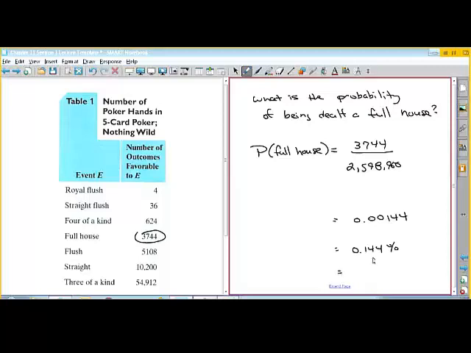You can think of this as a fraction. If you write this as a fraction, you'd have 144 out of 10,000. So we're converting the decimal into a fraction.